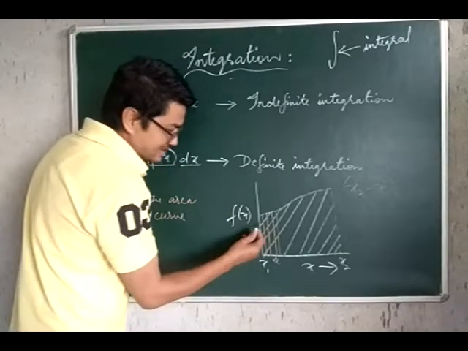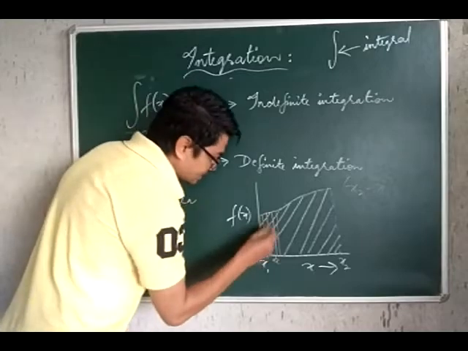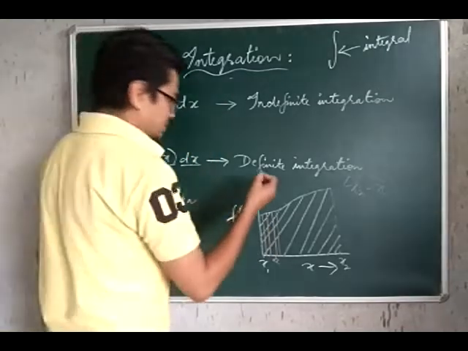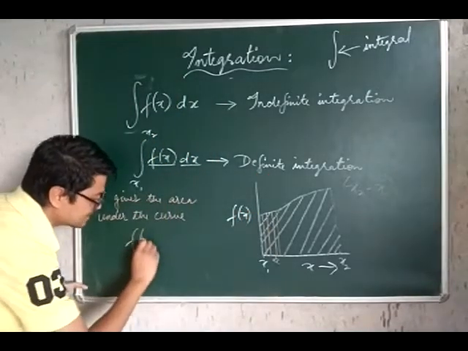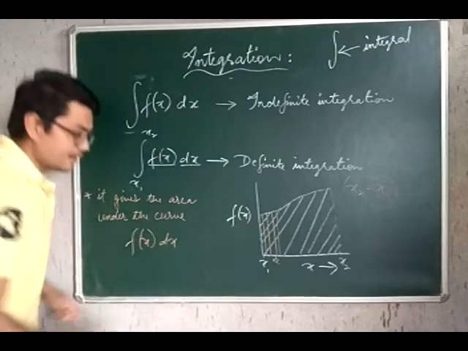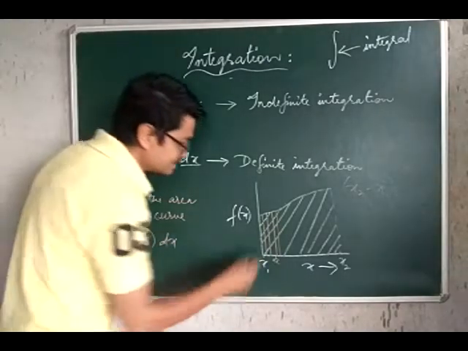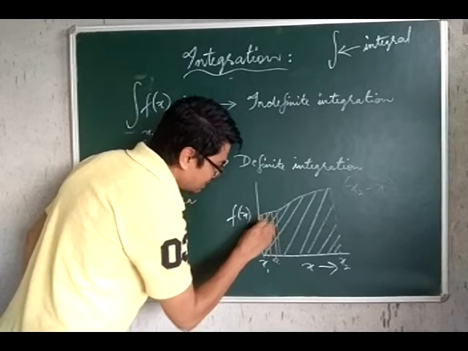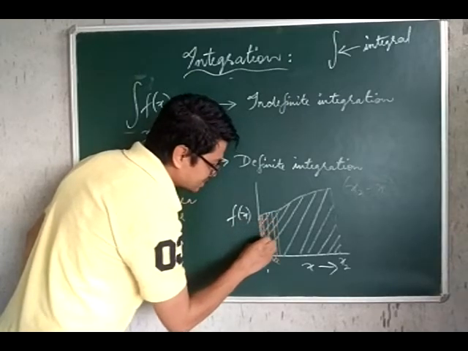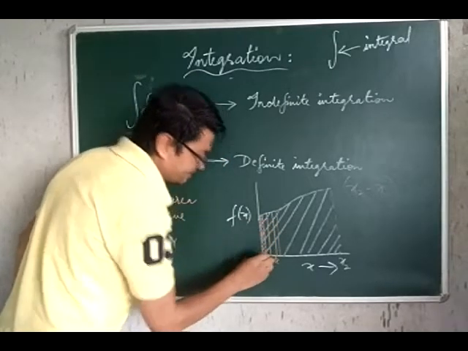Alright, so what is f of x into dx? F of x into dx is the area of the small, so to say, almost rectangular strip.